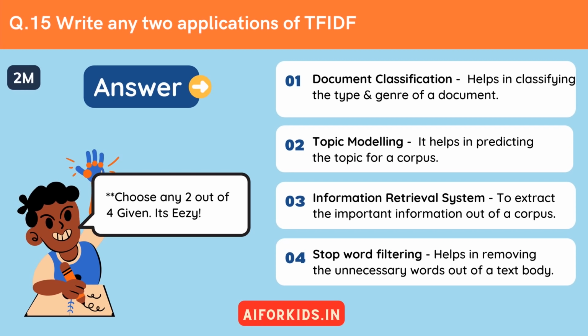The first one is document classification, and document classification helps in classifying the type and genre of the document. Next is topic modeling. Topic modeling helps in predicting topic for a corpus. Information retrieval system is the third point, and it is used to extract the important information out of a corpus.